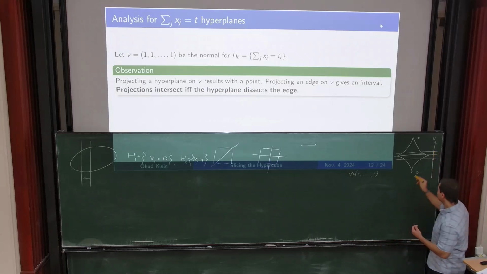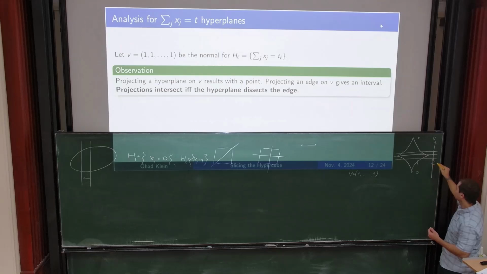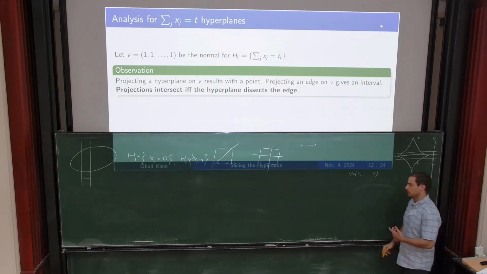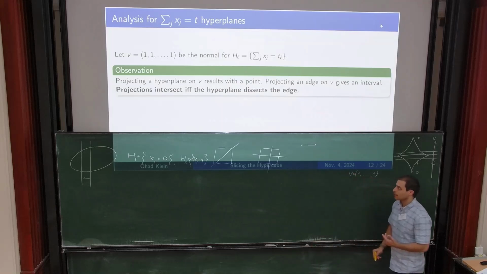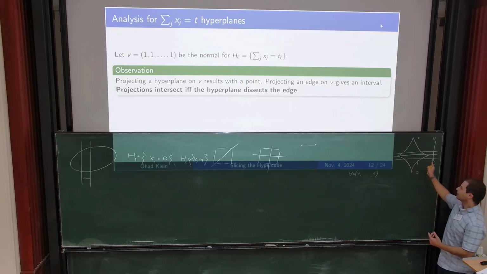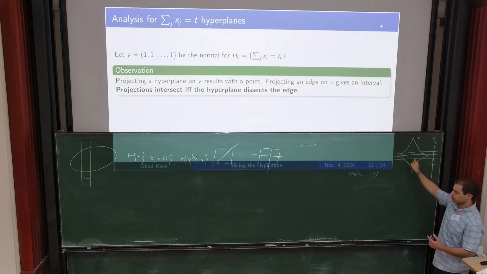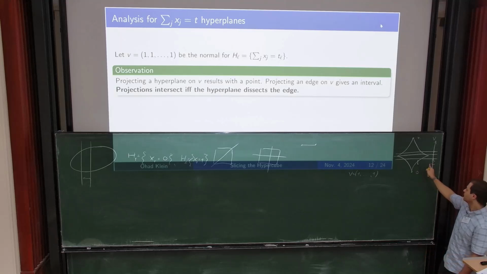Now, each edge in this picture is going to be some interval using this projection. And the point is that the edge intersects the hyperplane only if the projection of the edge intersects the projection of the hyperplane.